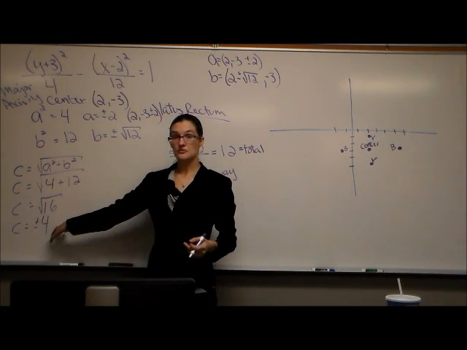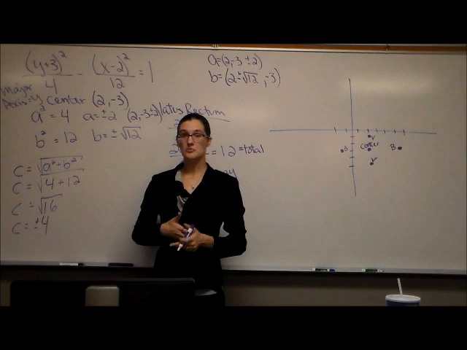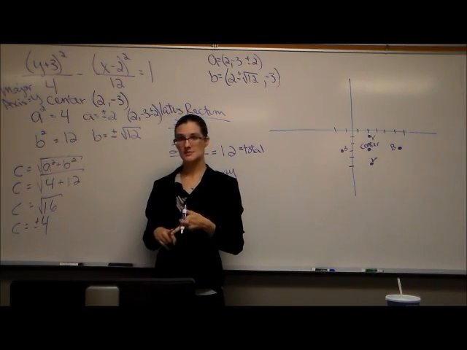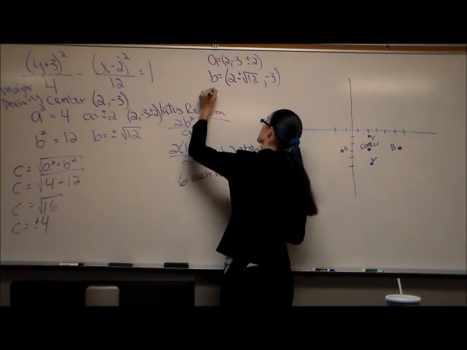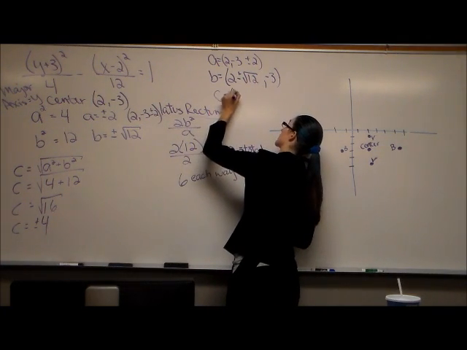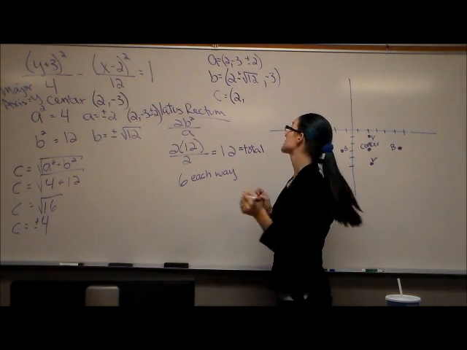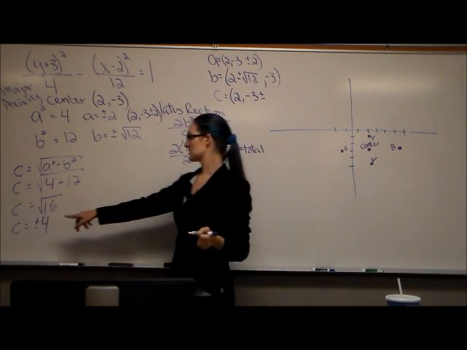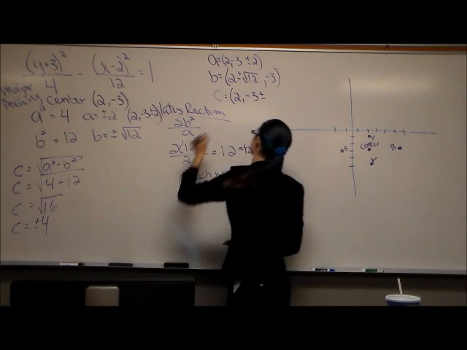Next is your C, that's your focus. C is back to your major axis. So A is major, B is minor, C is major. So for your C, you're going to once again change only the major axis. So that's -3 plus or minus 4.